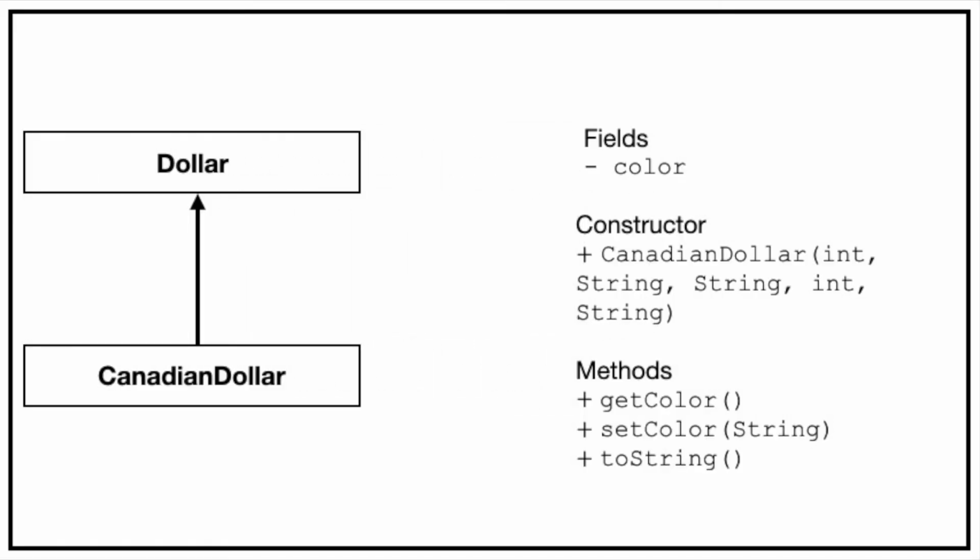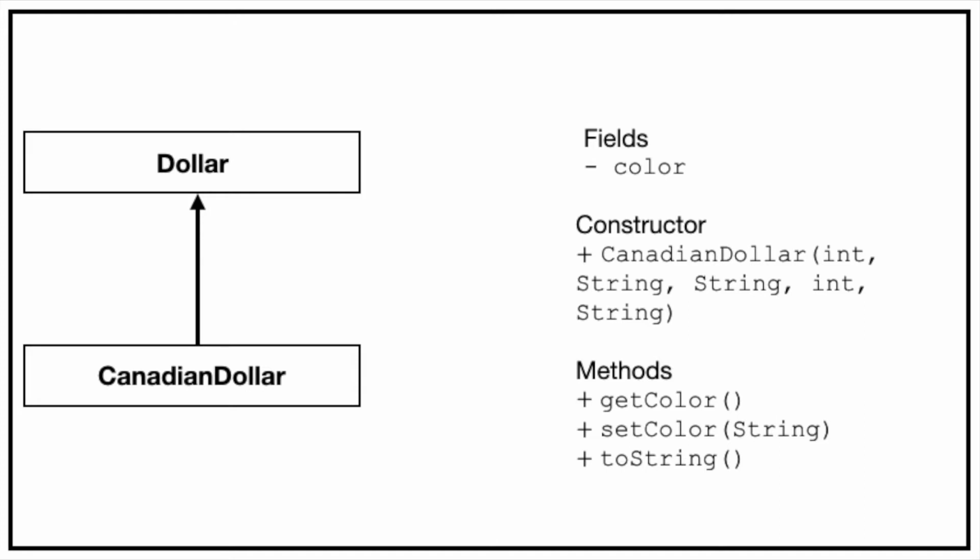In the Canadian dollar, we have a couple of new items that we need to incorporate. Of course, Canadian dollar will have the same fields as dollar, like denomination, face, serial number, and year. But in addition, they will have color. This is what makes Canadian dollar so unique.